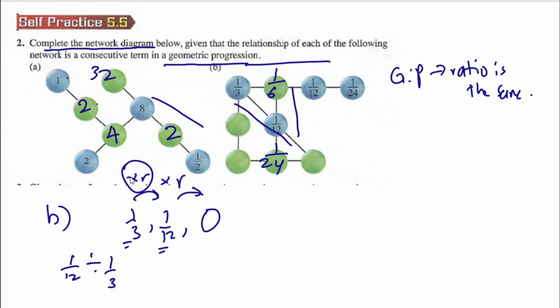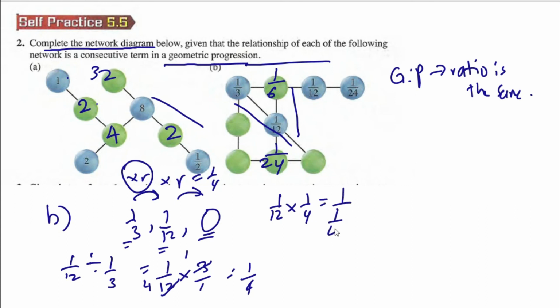Because this one is multiply, then we need to divide, which is equal to 1 over 12 times 3 over 1, which is equal to 1 over 4. So we know the r is equal to 1 over 4. Then we can find the next term. So 1 over 12 times 1 over 4 is equal to 1 over 48. So this one is 1 over 48.